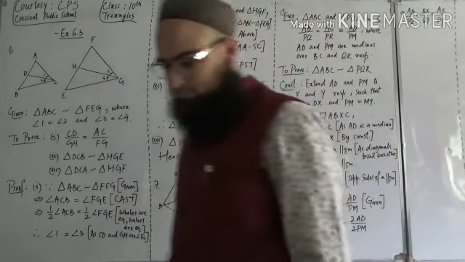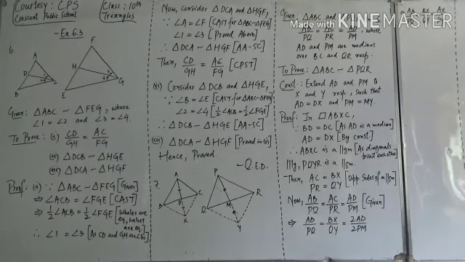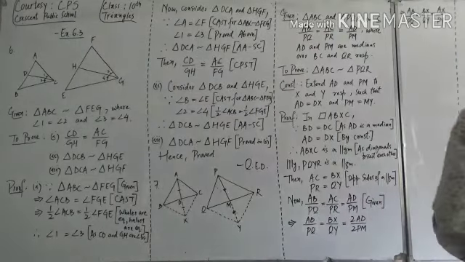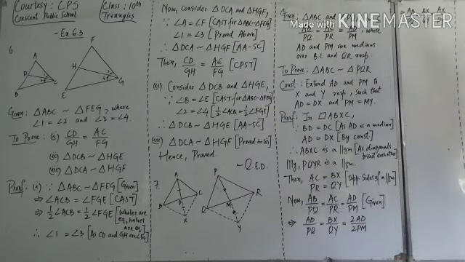You got it? So AB by PQ is equal to BX by QY is equal to AX by PY.